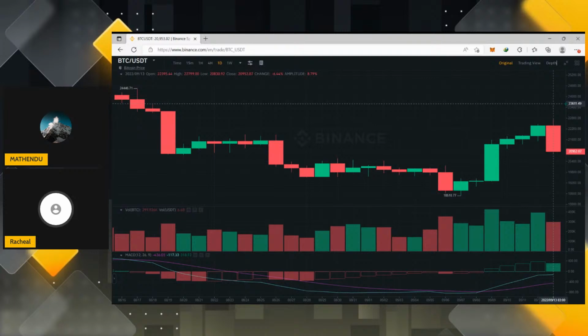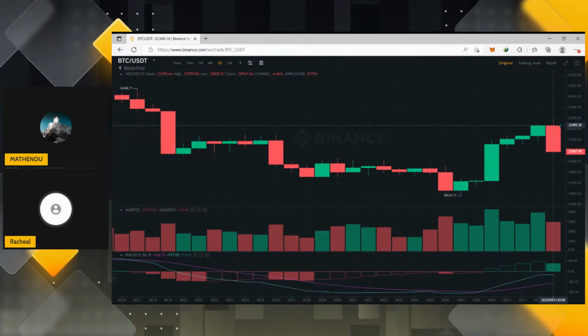And how do we interpret the candle? For the red candle, like this last one here, the top of the body is the open price, meaning it's the first recorded price of the asset within that particular time frame.